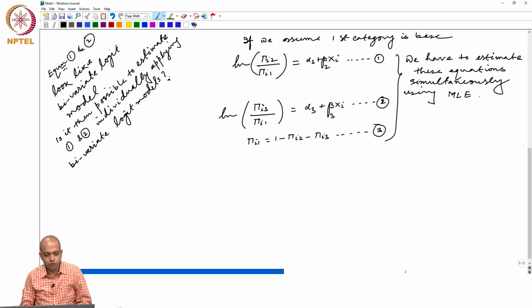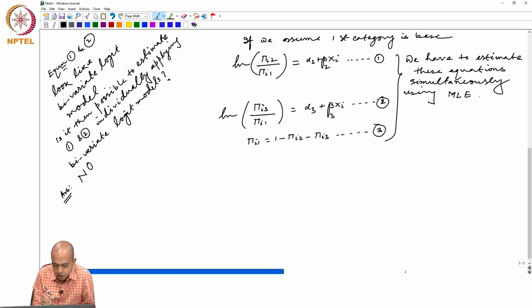Okay, using bivariate logit model, the answer to this question is basically no. We cannot estimate these equation 1 and 2 individually and independently using a bivariate logit model.